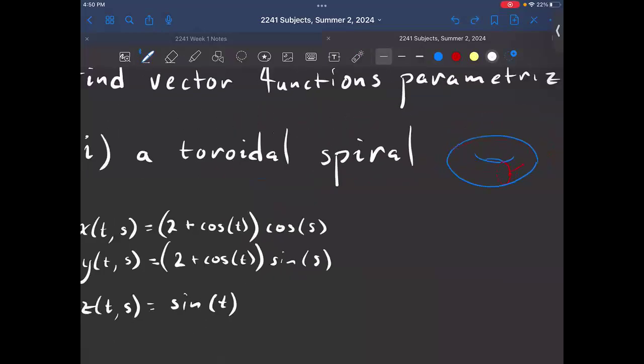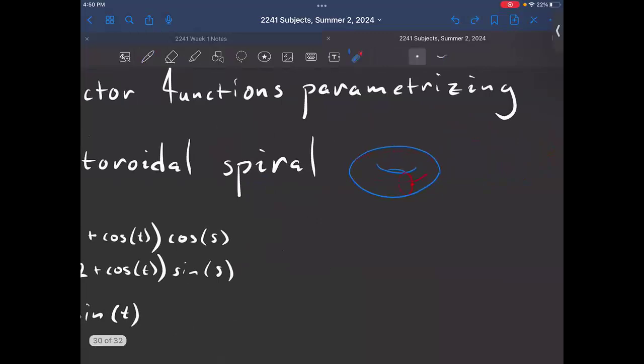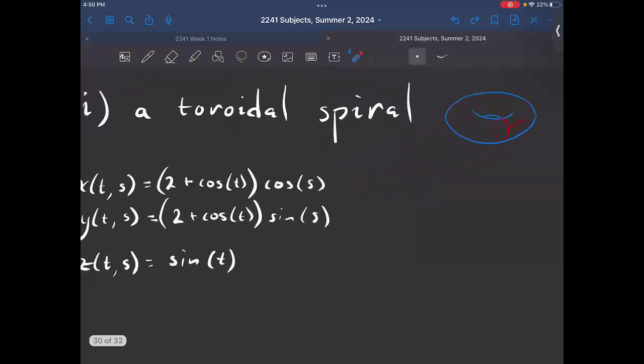Well, in order to do that, I have to remember that t controls this part of the torus, and s controls this part of the torus. So if I can relate those two things together, I can get them to move in sync, and now I can draw circles on the surface of the torus.